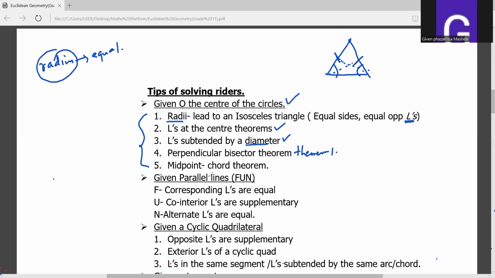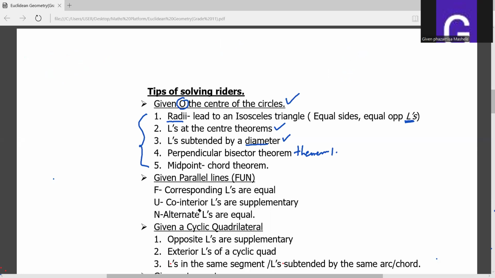Why? Because it also involves the center: a line drawn from the center of the circle, perpendicular to the chord, bisects the chord. And the last one, you need to consider the midpoint chord theorem. So these are the 5 things that you should look at when you are given the center of the circle.